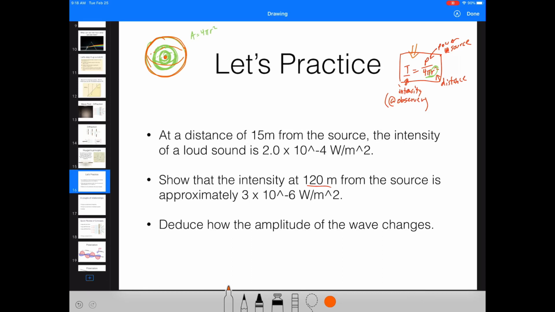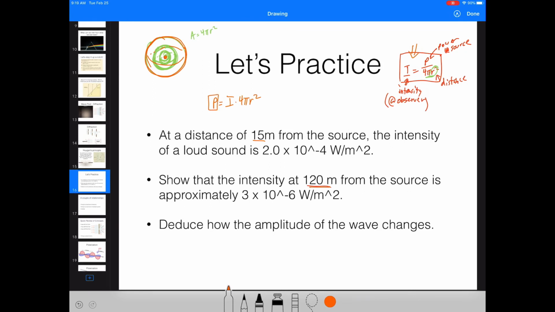So, because we know that the power is going to be the same in both situations, we can say, if the power is the same regardless of our distance, then we can take our equation and rearrange it so that it's P equals I times 4 pi r squared.